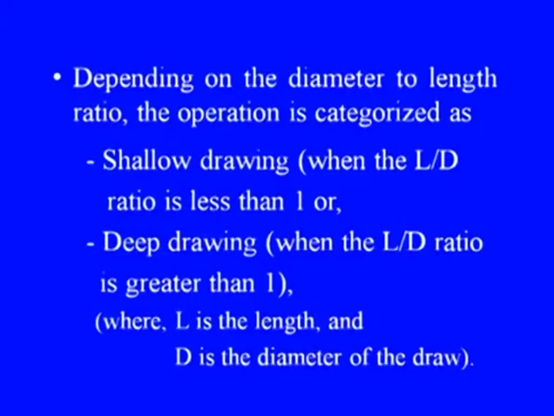Depending on the diameter to length ratio, the operation is categorized as shallow drawing when the L by D ratio is less than 1, or deep drawing in which the length to diameter ratio is greater than 1, where L is the length and D is the diameter of the draw.